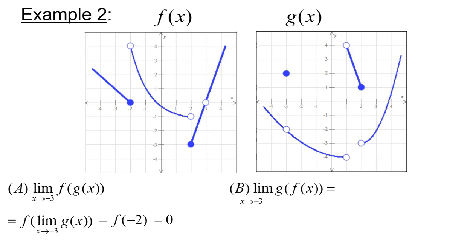Last problem. You'll notice it looks eerily similar to problem A. The limit as x approaches -3. It's a composite, only instead of f of g, I did g of f. The reason I did that is twofold. One is I want to see if order matters, so I want to determine if limit composition is commutative.